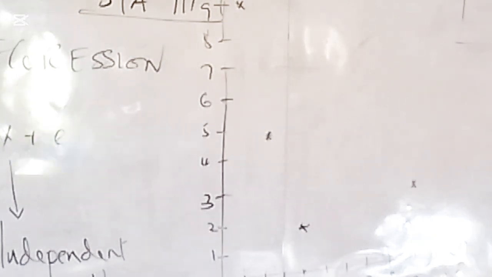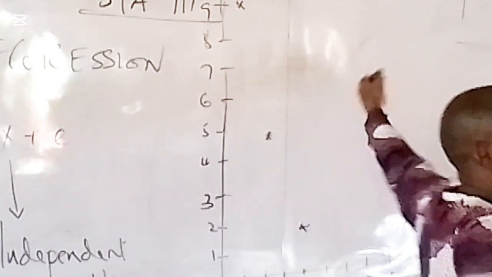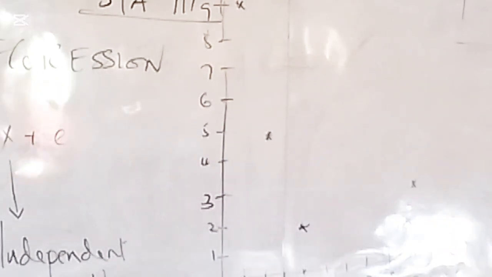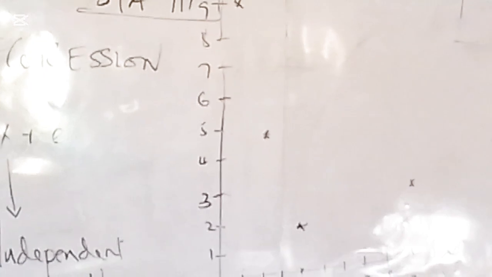If the points are so scattered apart, is that relationship close? If the points are closely related, this aspect will be explained more when we are talking about correlation. Correlation is the degree of relationship. You measure the extent to which these values are related.